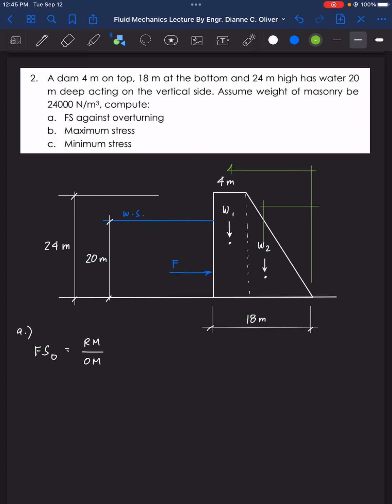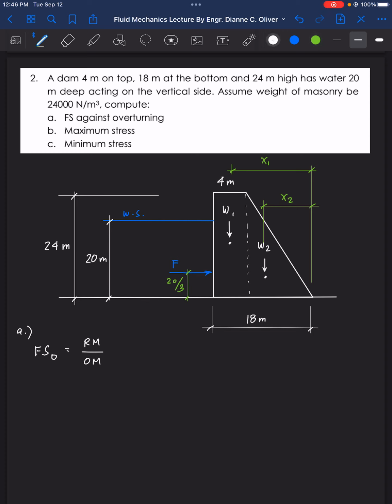So this is x sub 1, and then this is x sub 2. And then this one here will be y. This y is 20 over 3.